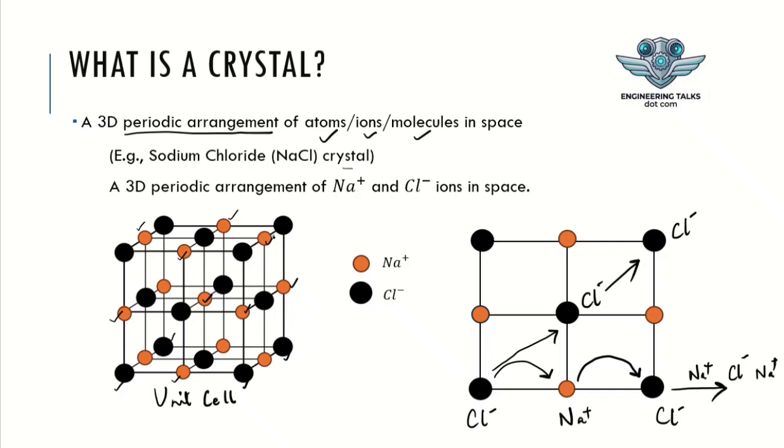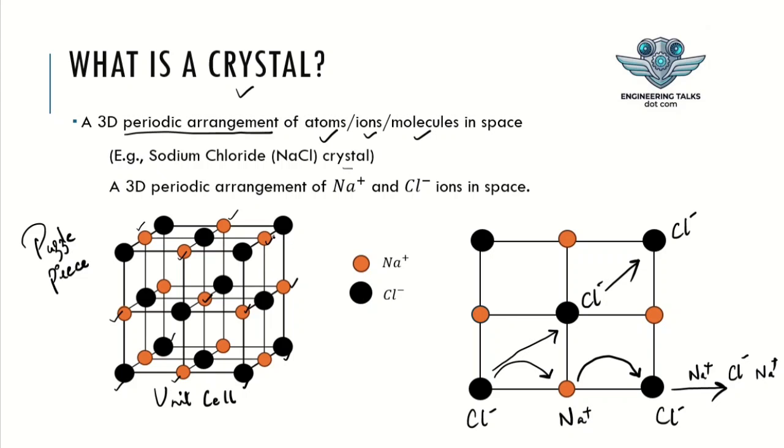The unit cell can be defined as the fundamental repeating structural block or unit which contains all the structural and symmetry information about the solid or the crystal. So this unit cell acts like a single puzzle piece using which we can actually build the crystal.